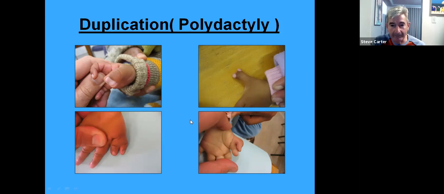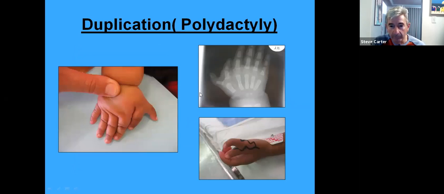Most common is the bottom right, the type 4. Look at the X-ray. Can you see the X-ray? So basically, it's duplicated at the MCP joint. Okay. But now the key with this one, and these, as I said, are 60% of cases, it seems simple. I will just chop off the extra thumb. It'll be fine. But remember, there's a collateral ligament that you have to take into account here. Okay.